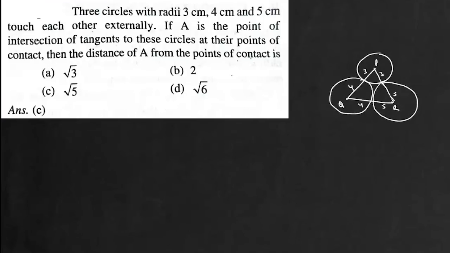Now it says, if A is the point of intersection of tangents to these circles at their point of contact. Now if we draw tangents to the 3 circles at their point of contact, they'll meet at this point, which is their radical center, and which in this case is the incenter of this triangle.